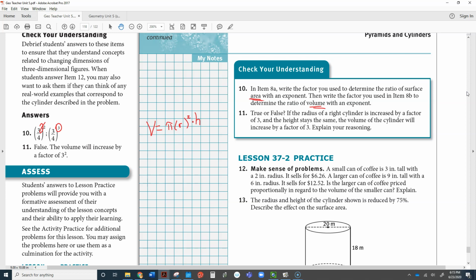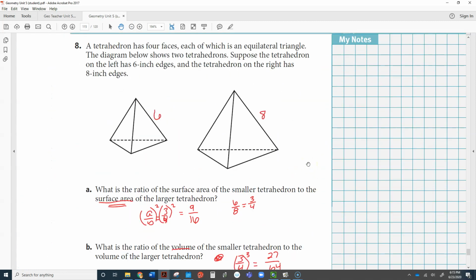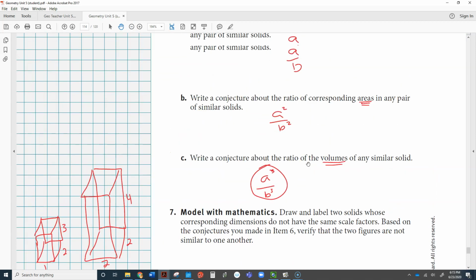Okay, true or false? If the radius of a right cylinder is increased by a factor of 3 and the height stays the same, the volume of the cylinder will increase by a factor of 3. Explain your reasoning. Be very careful on these type of problems. I may not have stressed enough on this table that we filled out.